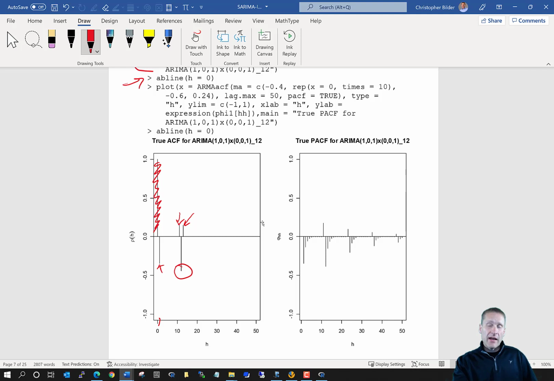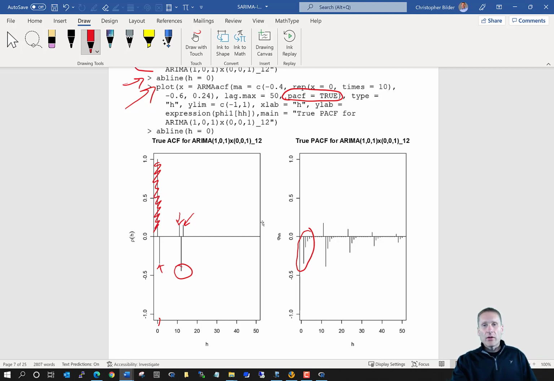Now, with the PACF, we should see this tailing off to 0. And so to do the PACF, I do exactly the same set of code as before, but now I put PACF equal true in there. And this is what we get. So the non-seasonal component, remember that should be tailing off to 0, and so this is what we normally have seen in the past.